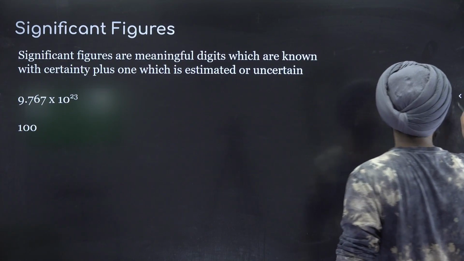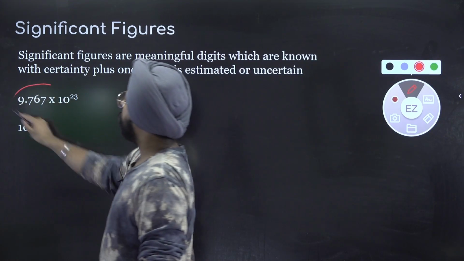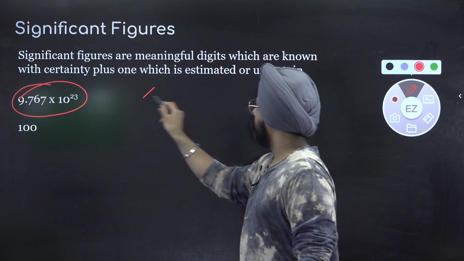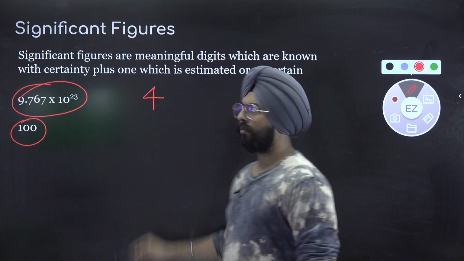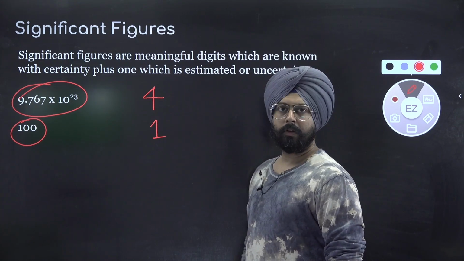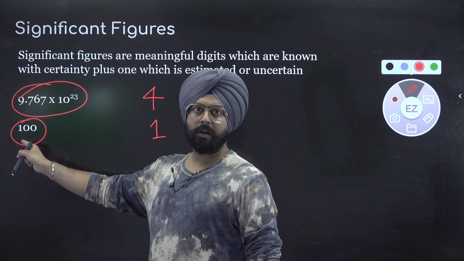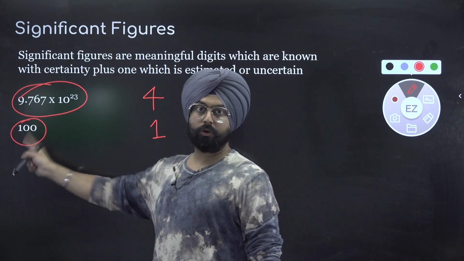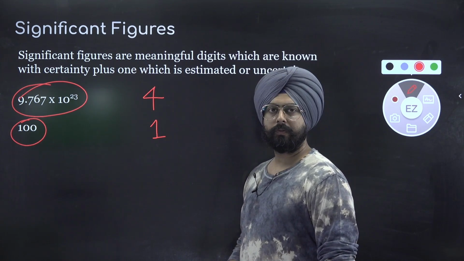Let's see these examples now. Batao ji, how many significant digits are over here? Very simple. 4. Yeah. How many significant digits are over here? 1. But if I have to show you 2 significant digits over here, then how will I write this?